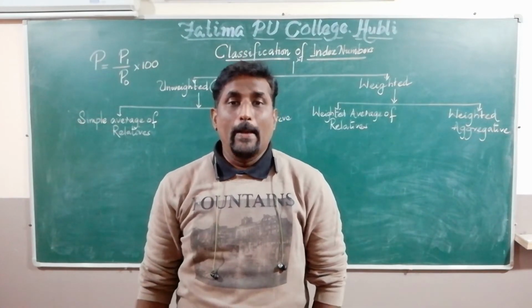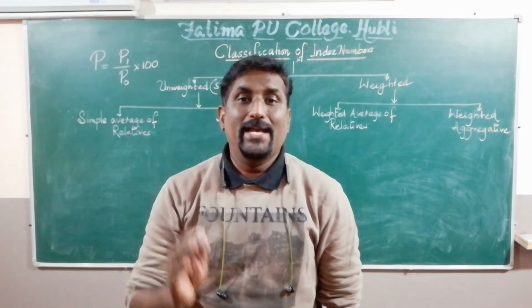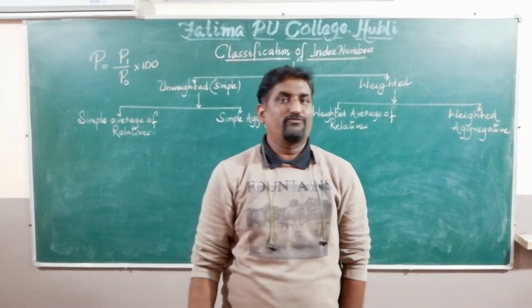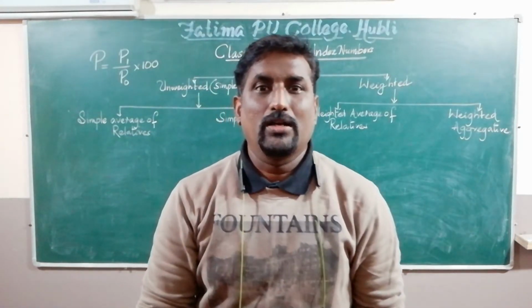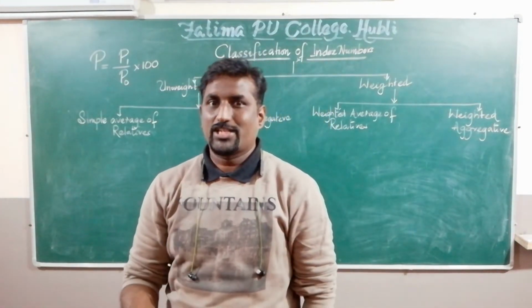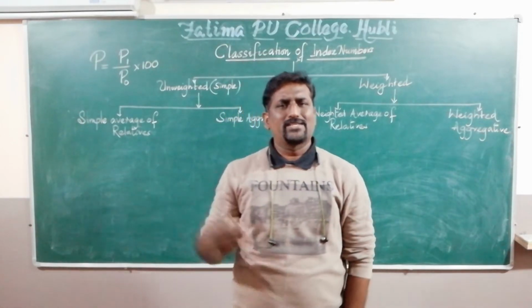What is P1? P1 is the current year price. What is P0? P0 is the base year price. I explained this to you with an example of tomato. The price of tomato is 40 rupees, and P0 is the price of tomato of yesterday, 20 rupees, and based on that I explained to you the price relative. So P is the price relative.